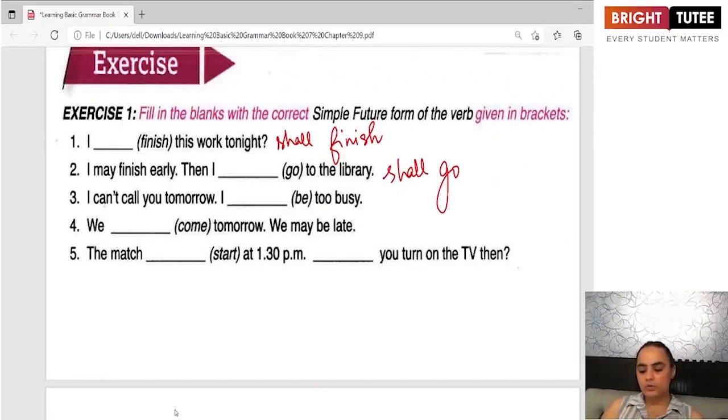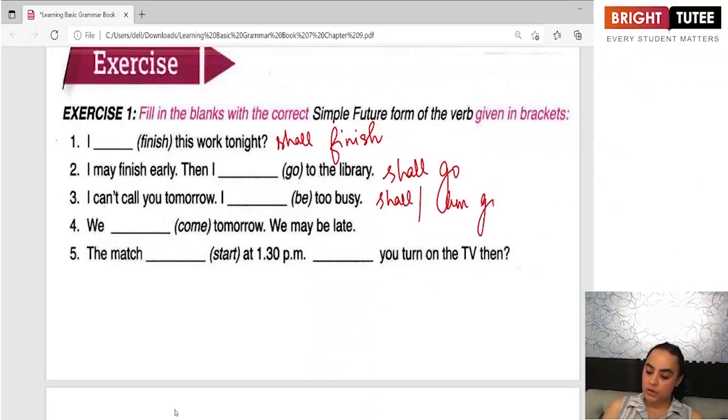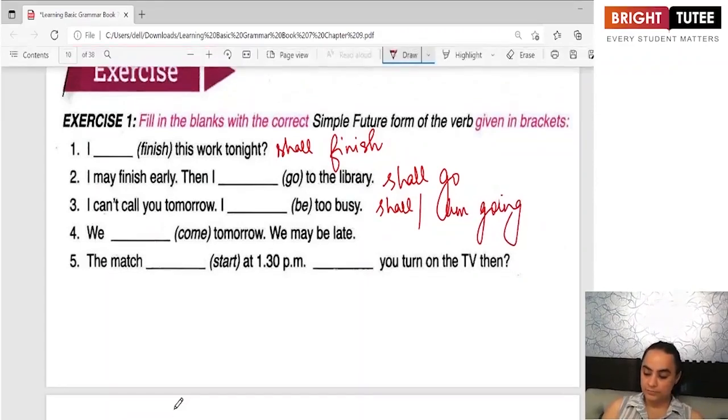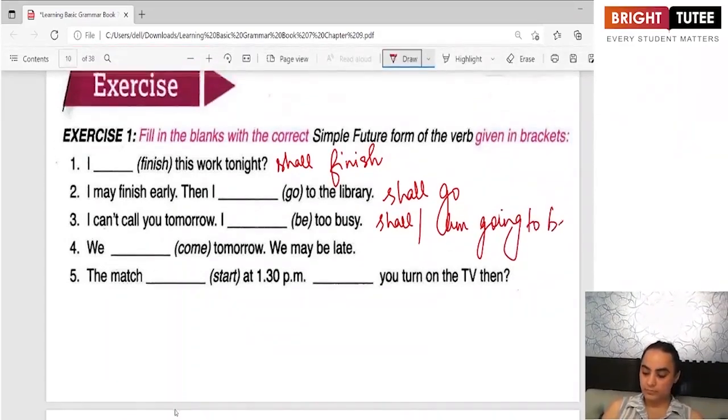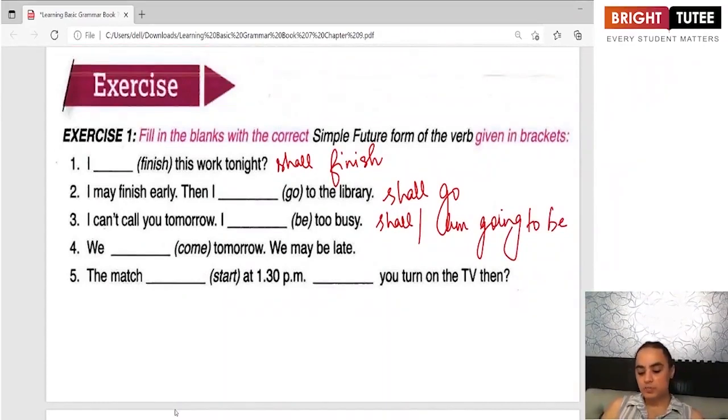I can't call you tomorrow. Why? Because I shall be too busy. You can even say I am going to be too busy. Either of them is correct. We dash tomorrow, we may be late.